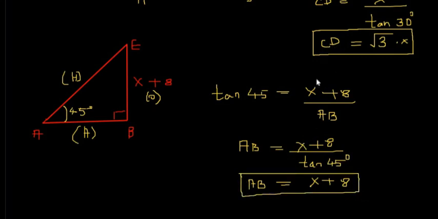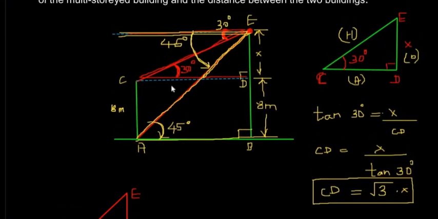Now we got CD and we got AB. Now let us see what CD and AB represent in this diagram. You can see CD and AB are the sides of the rectangle and they are opposite to each other, which means AB is equal to CD.